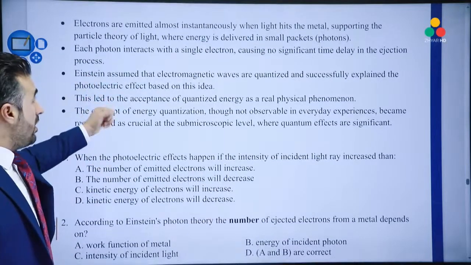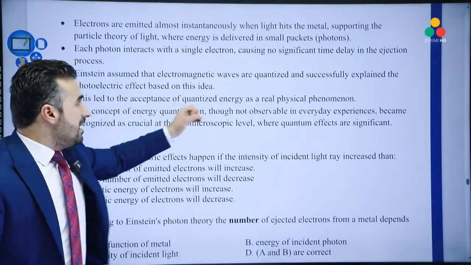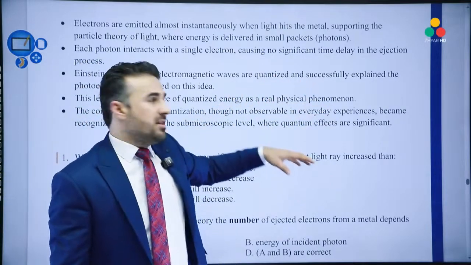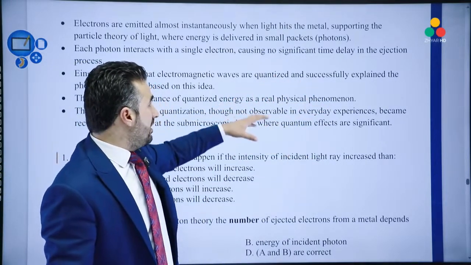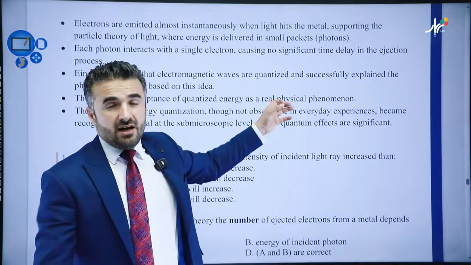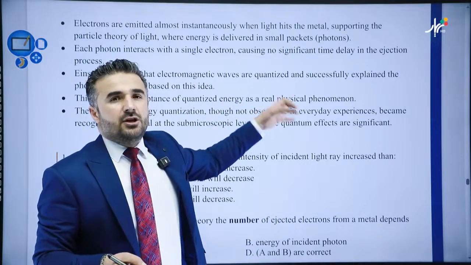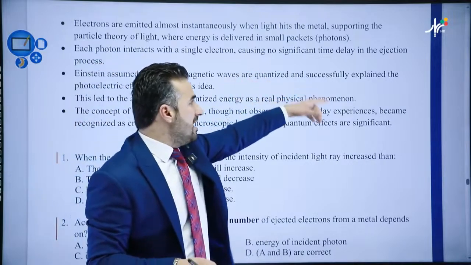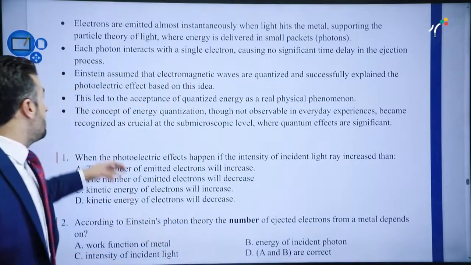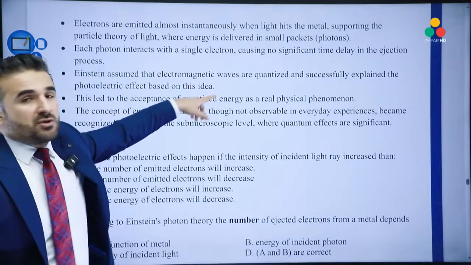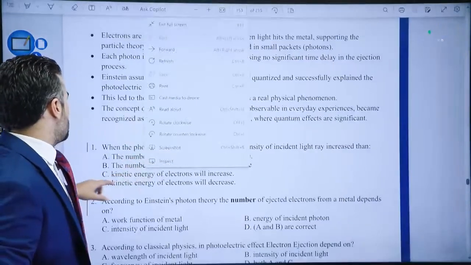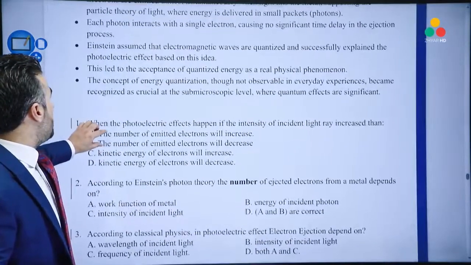Then we also said that Einstein assumed that electromagnetic waves are quantized, and we said this in the previous video lessons. Einstein suggested that electromagnetic waves are quantized, or basically photons, and successfully explained the photoelectric effect based on this idea.